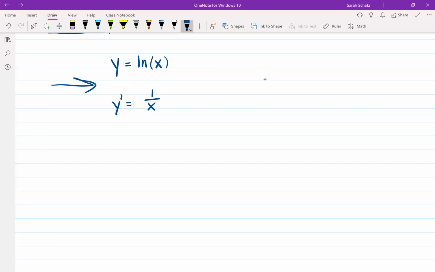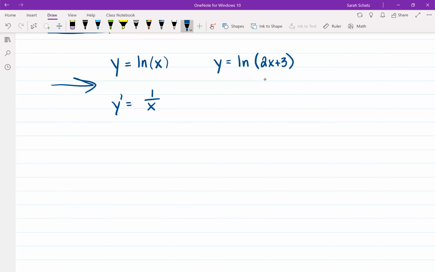And then we obviously build on that, with some chain rule, with some power rule involved, like in an example like this. So what if it's not just x in my natural log statement? What if it's the natural log of 2x plus 3?